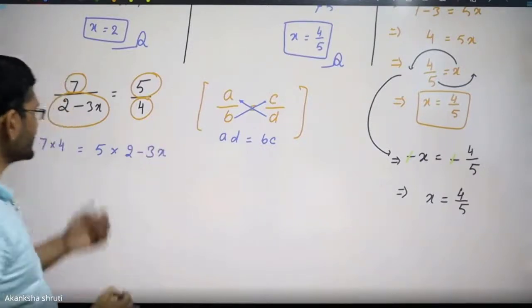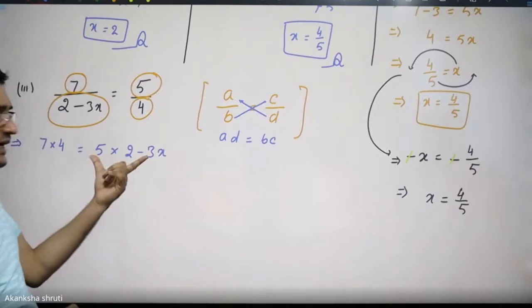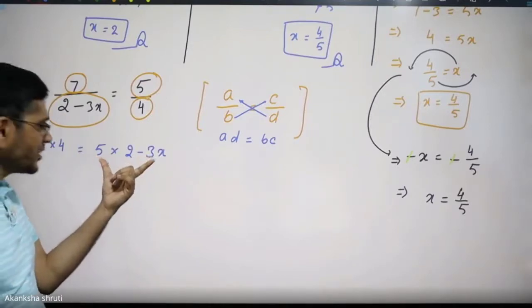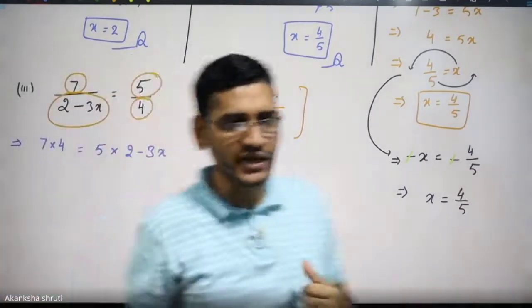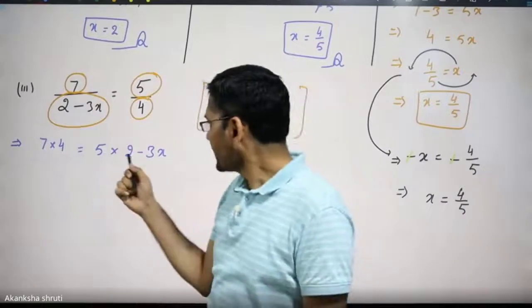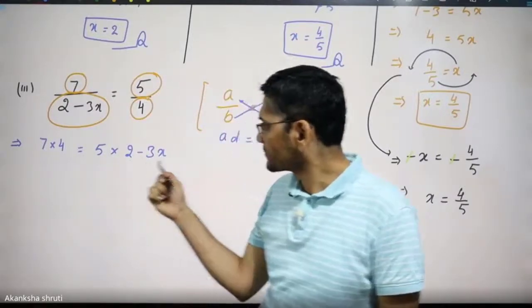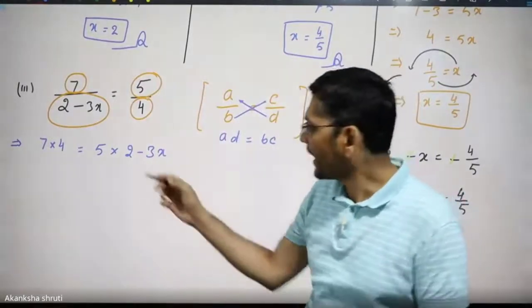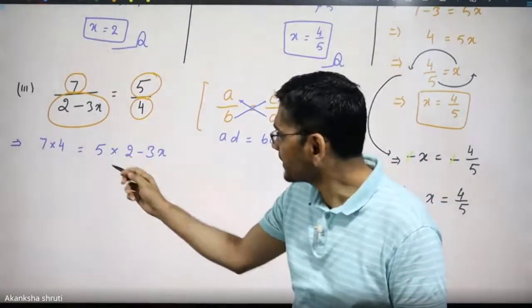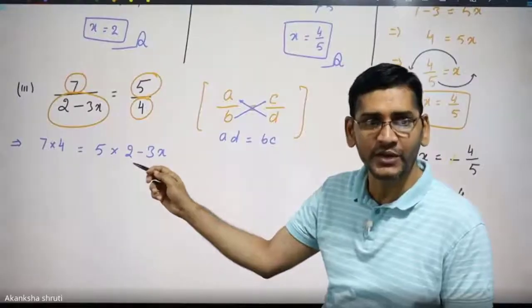Student, keep in mind, do not write this right hand side in this form. Many of our students are committing this mistake. 5 multiplied by 2 minus 3x. This is the wrong way of writing. Why? Because then this 5 is going to multiply with 2 only. In chapter 1, we have learned the importance of bracket.